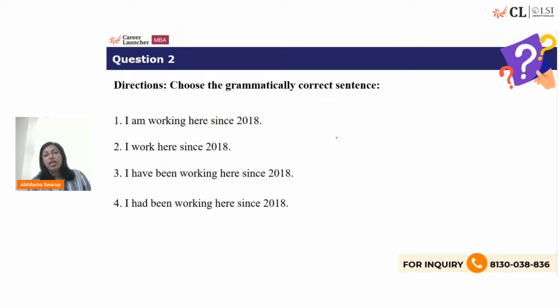Now, he's telling you that from 2018, this action has been going on and will probably continue into the future also. Right? So, therefore, we must use the present perfect continuous tense. So therefore, I have been working here since 2018.